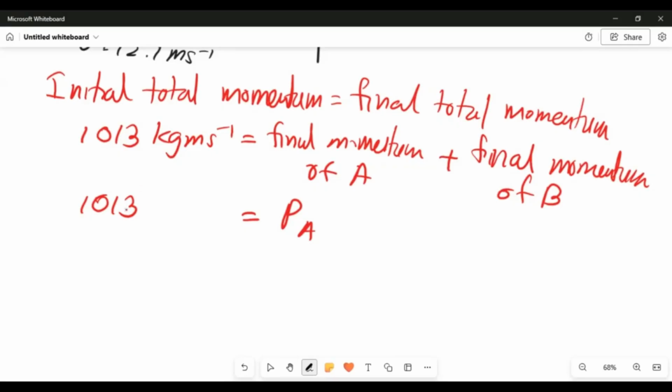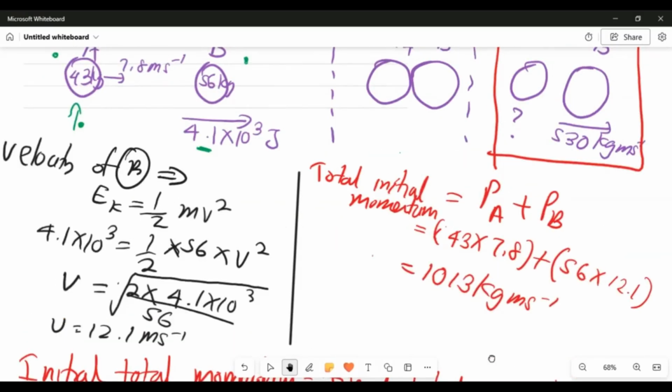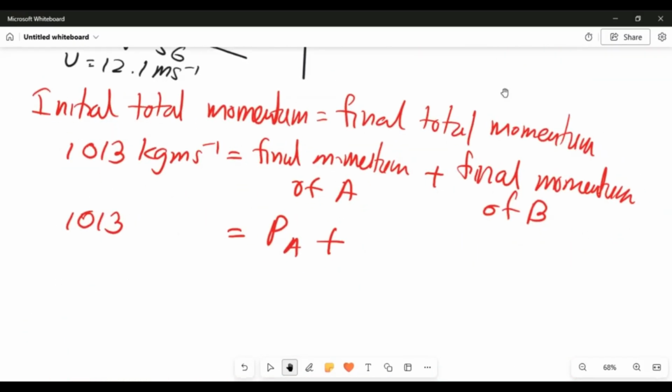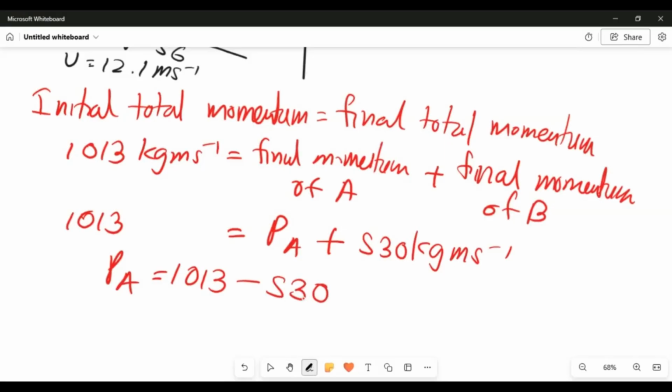Initial total momentum is 1013. Final momentum of A plus the final momentum of B, which is given as 530 kilogram meter per second. So final momentum of A is equal to 1013 minus 530.